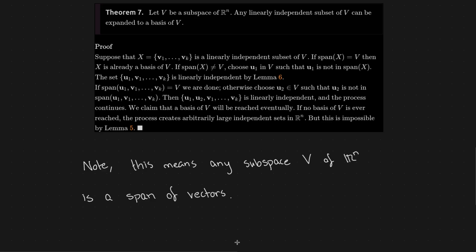Spans are really important because every subspace can be written as a span of vectors. If we can find a basis, then that basis spans the vector space, which means every subspace V can be written as a span of vectors, and every subspace V of Rn has a basis.